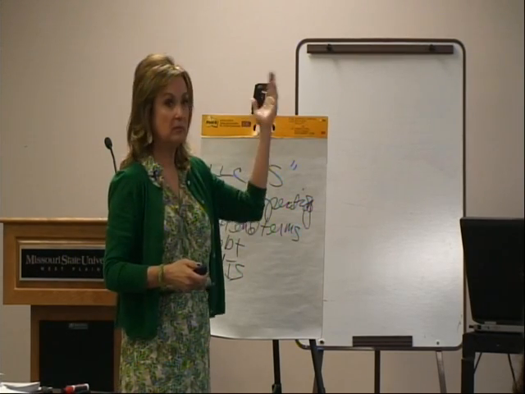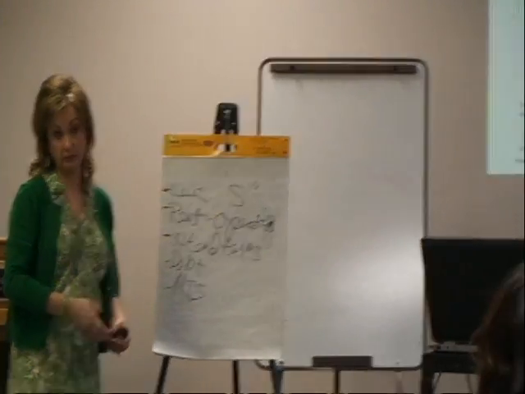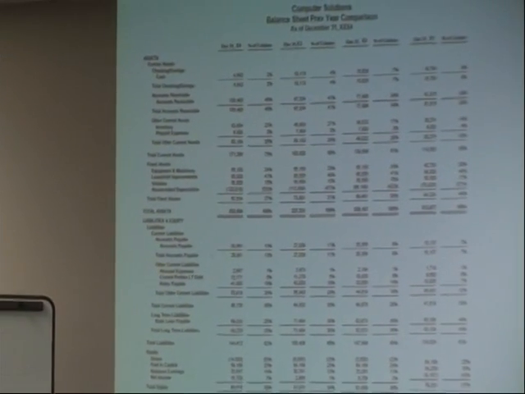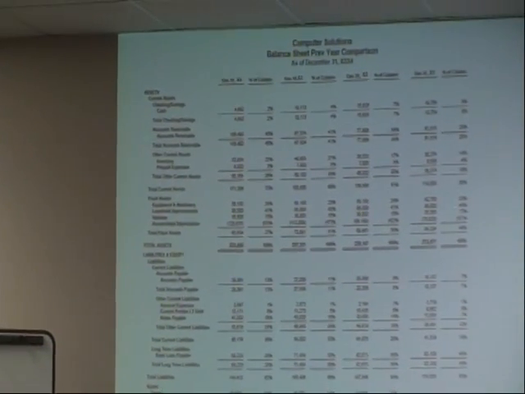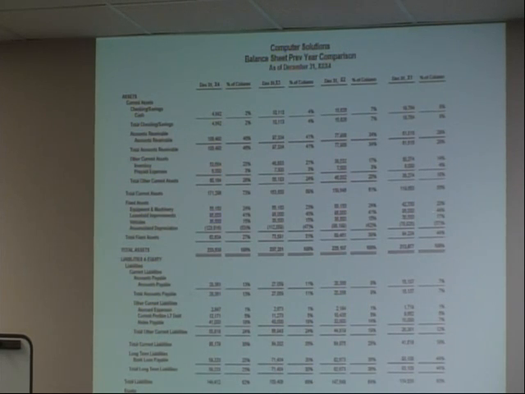Again, common sizing statements is very valuable, and it's valuable with a balance sheet too. Here we can really see the differences in the changes of what's going on. In this particular case, on the balance sheet, the total assets are 100%, so all accounts other than the asset account become a percentage of the assets, and on the bottom, a percentage of liabilities and equity.